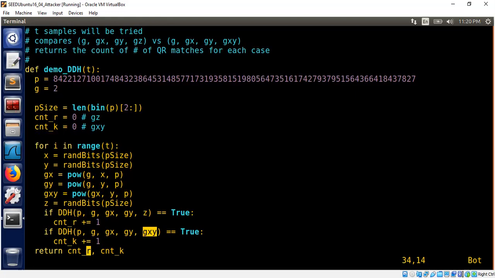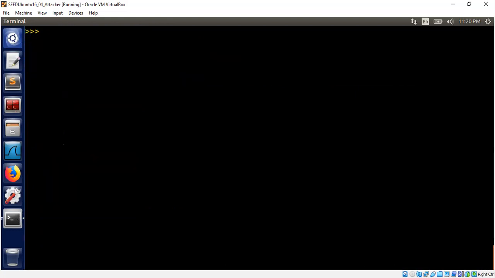Let's do an analysis to see whether the distinguisher is able to tell if the last parameter is a random number or a G power XY. All right, let's do that. I will call the demo DH for 100 samples. You see here, in all 100 samples, whenever we passed G power XY as the third argument, it was able to tell the third argument is G power XY, meaning it's also a quadratic residue.